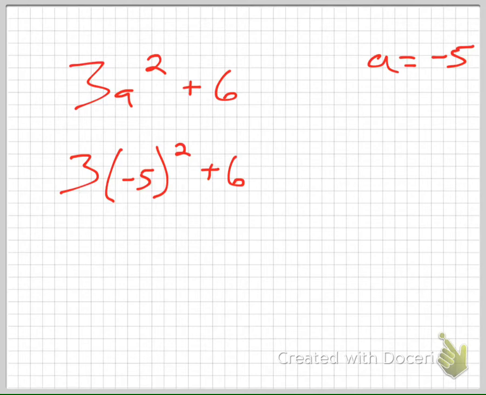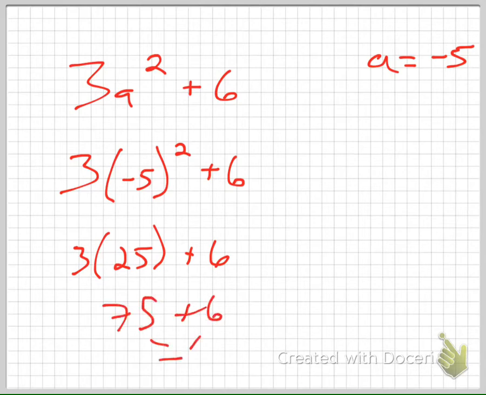Now, do you see any parentheses that need to be dealt with? No. Do you see any exponents? Yes. What is it? It's negative 5 squared. What is negative 5 squared? Negative 5 times negative 5, which is 25. 3 times 25 plus 6. 3 times 25? 75 plus 6 is 81.